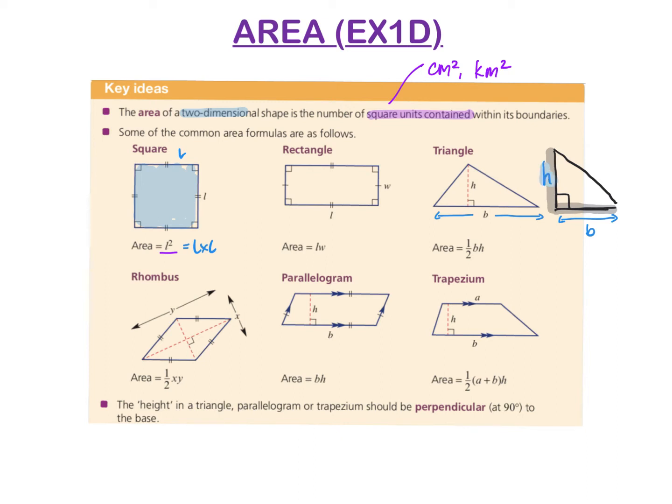Just remember for a triangle it's a half, so type out the half on your calculator times the base times the height. You might want to draw that one in because kids get confused.